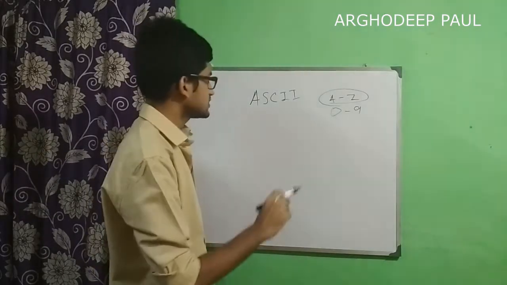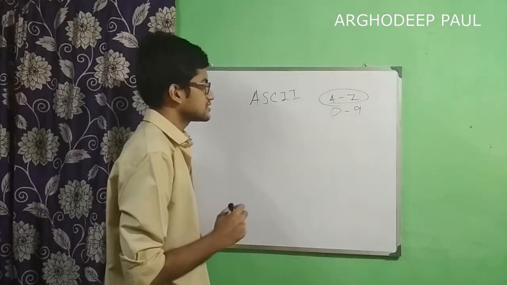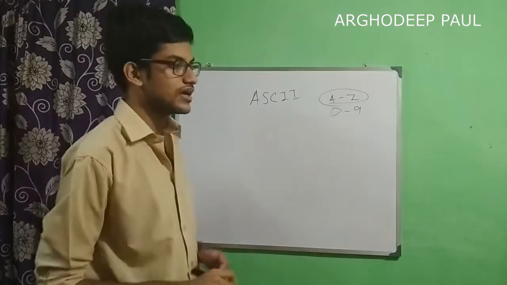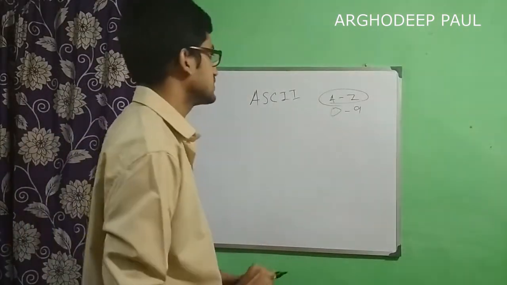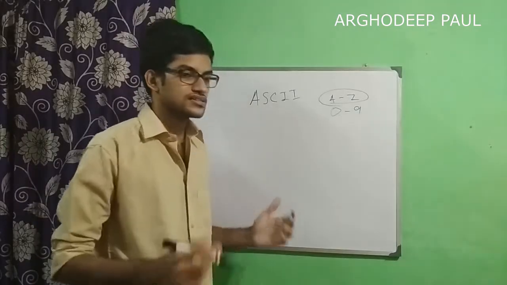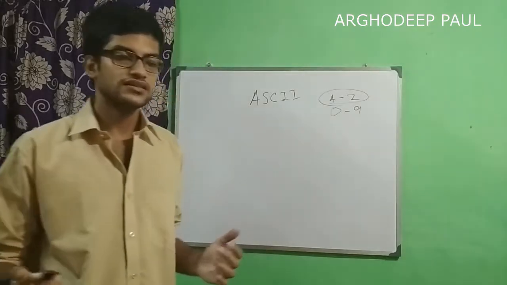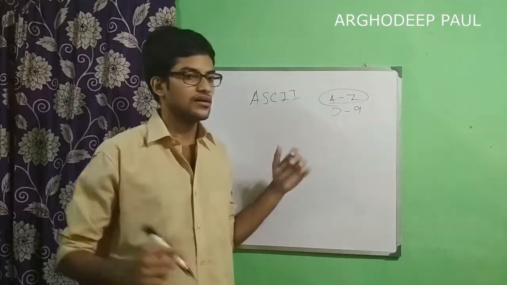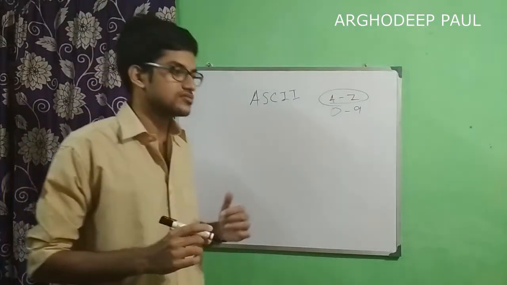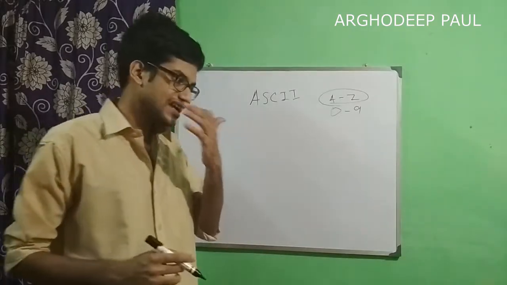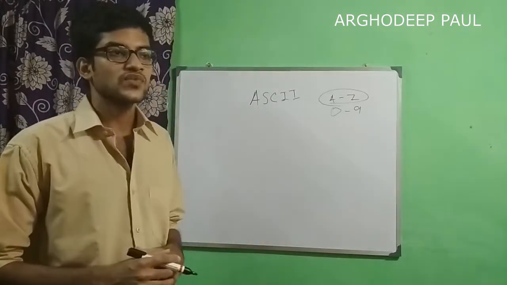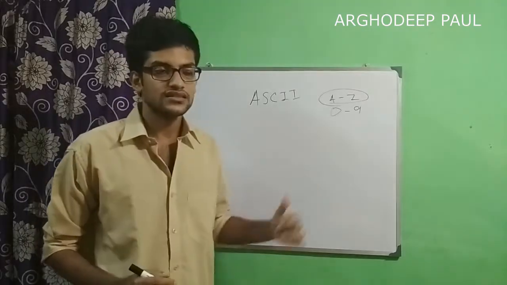So ASCII, what is ASCII? ASCII stands for American Standard Code for Information Interchange. This provides us a character set. Character set means, similar to that alphabet, ASCII itself has an alphabet. This alphabet will also have some specific order of its characters.